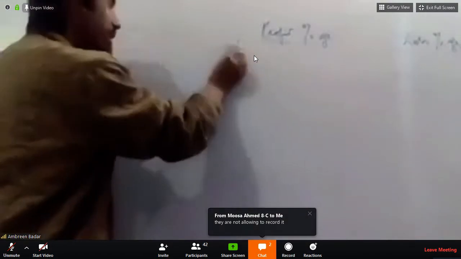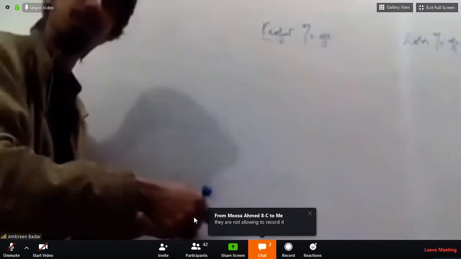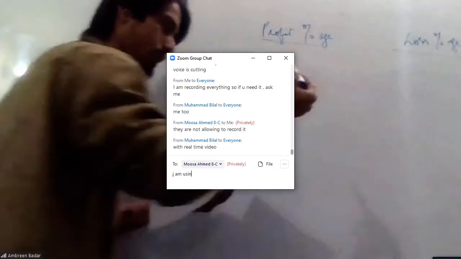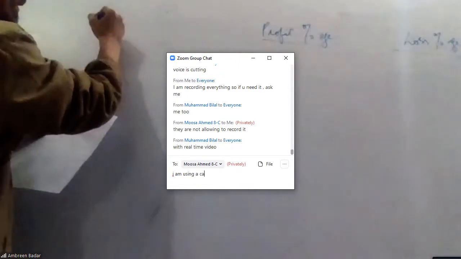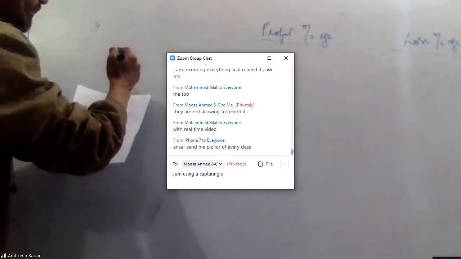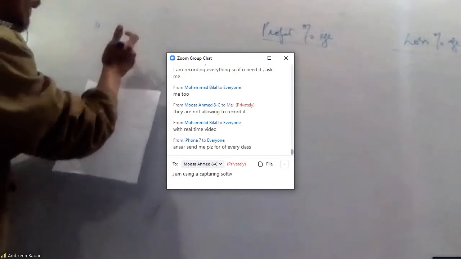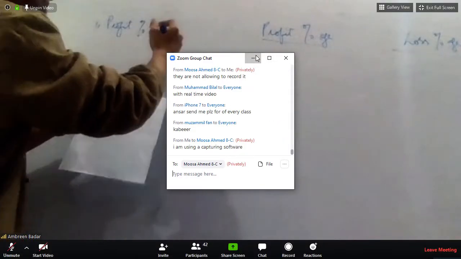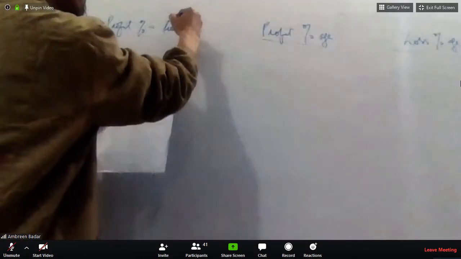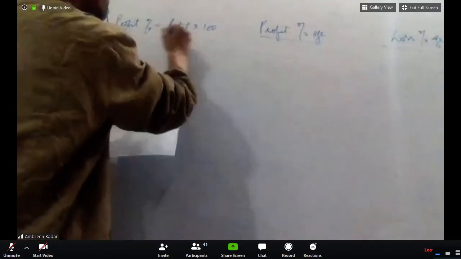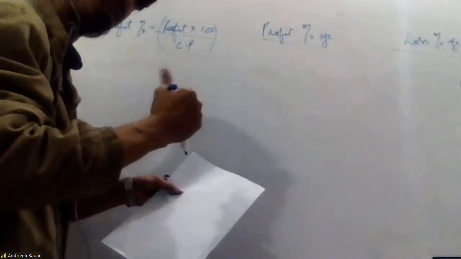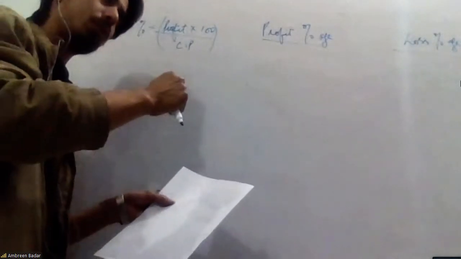Before that topic, let me write a few formulas for you. It will help you grasp the next concept, that is the profit percentage and the loss percentage. The first formula is the percentage profit. It is calculated using the formula profit into 100 divided by the cost price. Keep in mind CP means cost price and SP means selling price.